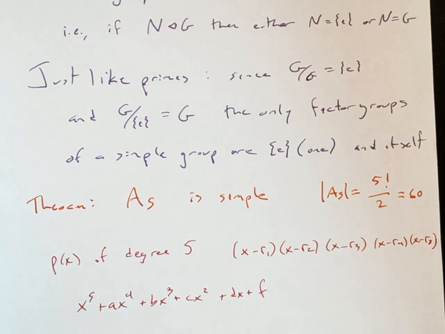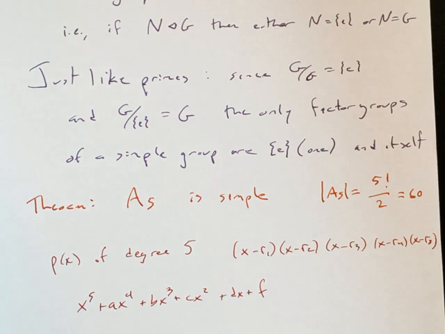If a formula exists that only uses adding, subtracting, multiplying, dividing, and the extraction of roots, taking square roots or cube roots or fourth roots, then that formula must remain the same when I permute the roots, when I use a permutation of the roots.